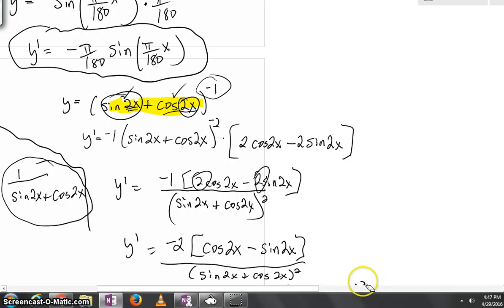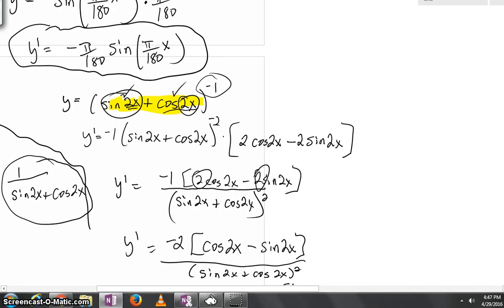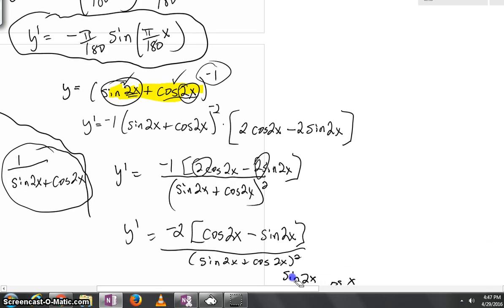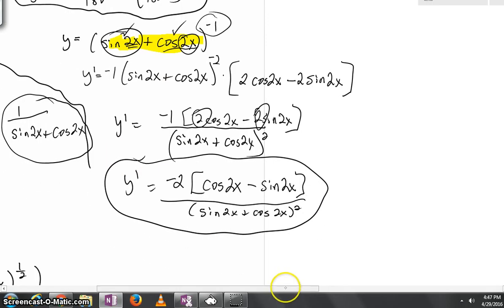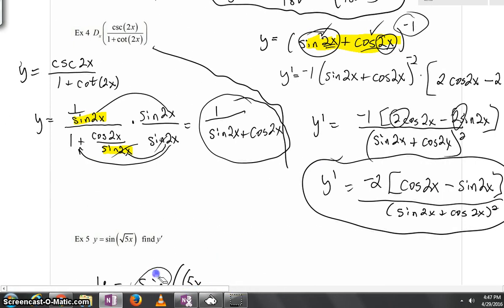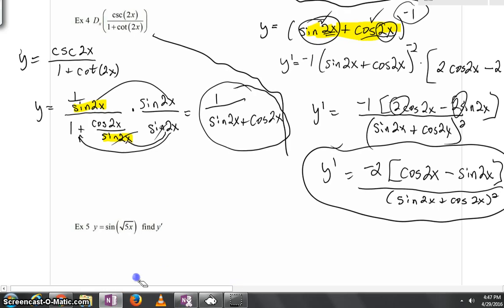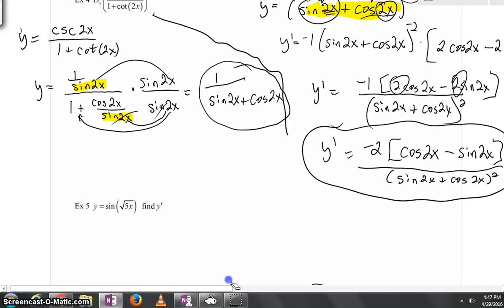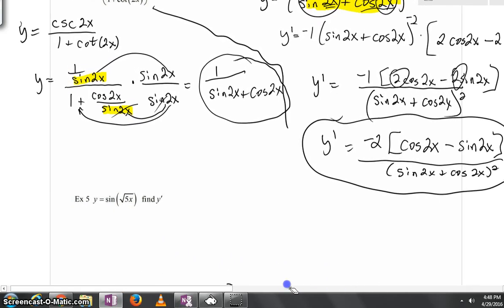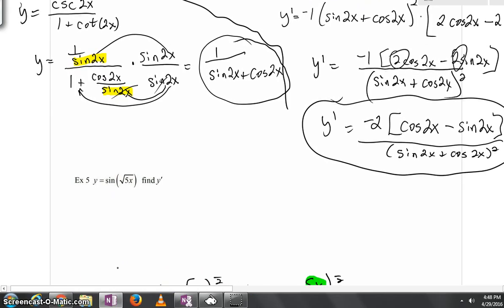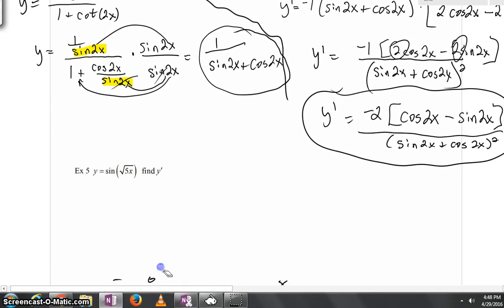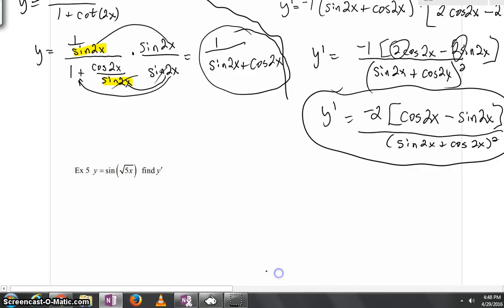Okay, well, let's see if we could get started by looking at this next problem, the very last one on the page. And this is by far the most complicated of all the problems. For example 5, I hope you're going to see that honestly what is really going to be happening is you've got 3 functions composed, not just 2. And that's going to make life a little more challenging.